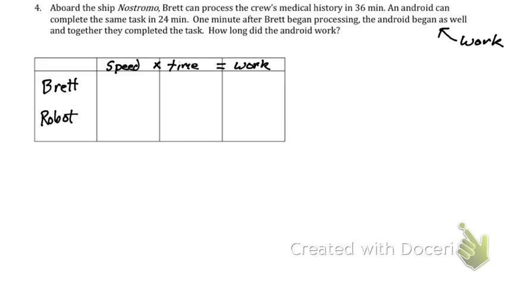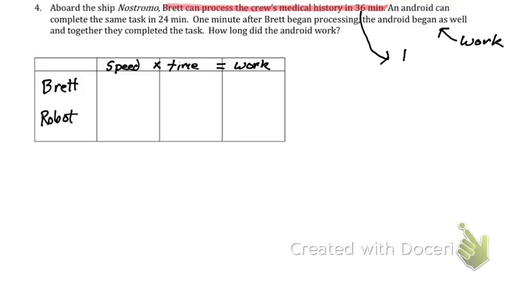Here's where these can get tricky. Note it says that Brett can process a crew's medical history in 36 minutes. This is actually a rate or a speed they're giving us. They are saying he can complete one task in 36 minutes.